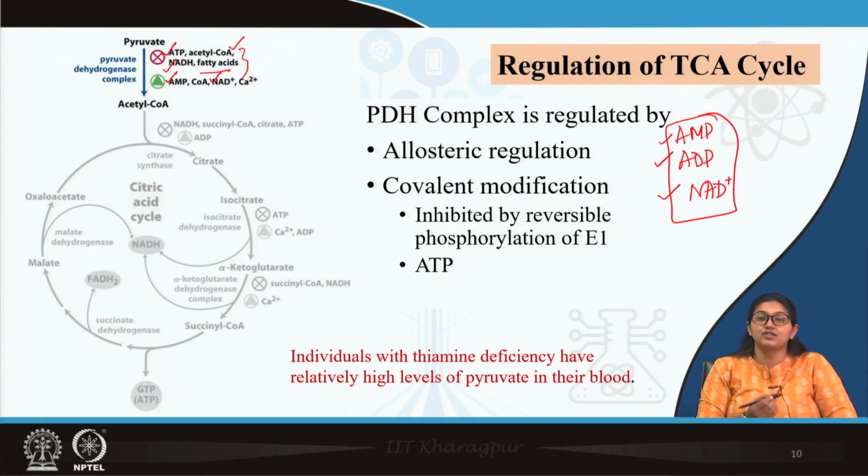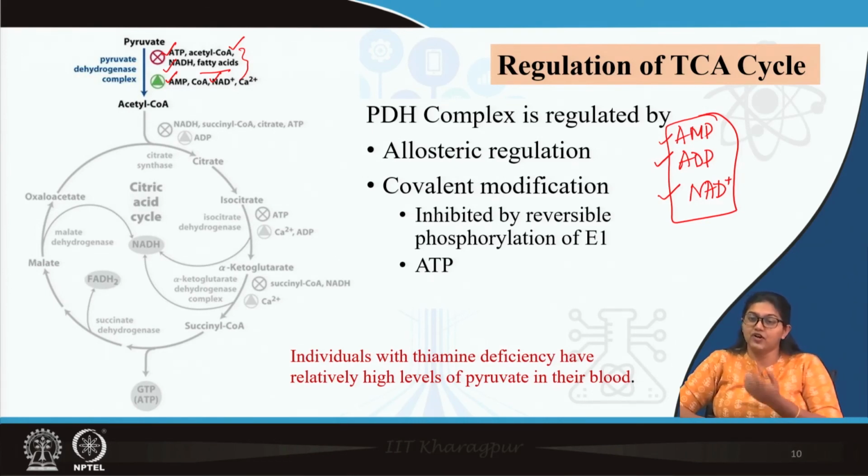Not only that, there is covalent modification. If you remember from the previous class, enzymes are modified by reversible phosphorylation and dephosphorylation, and either the dephosphorylated or phosphorylated form can be active or inactive. Based on that, metabolic pathways are regulated. Here, E1, enzyme 1, which is pyruvate dehydrogenase itself, present in the pyruvate dehydrogenase complex, is covalently modified by phosphorylation and dephosphorylation.